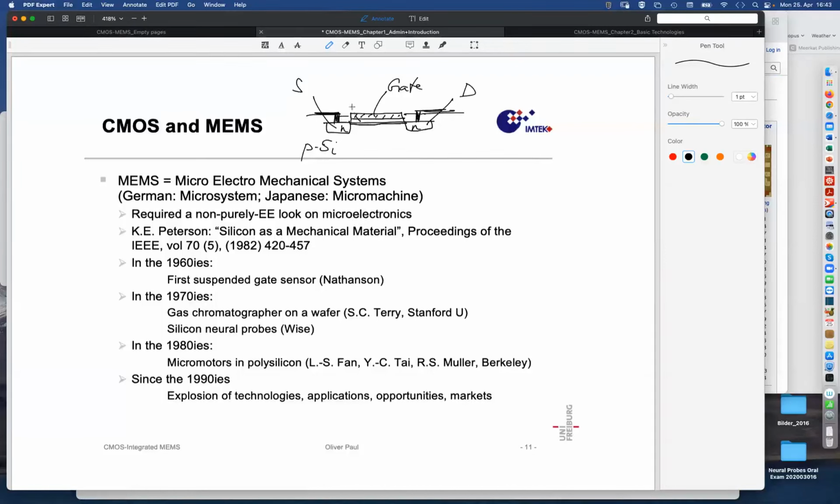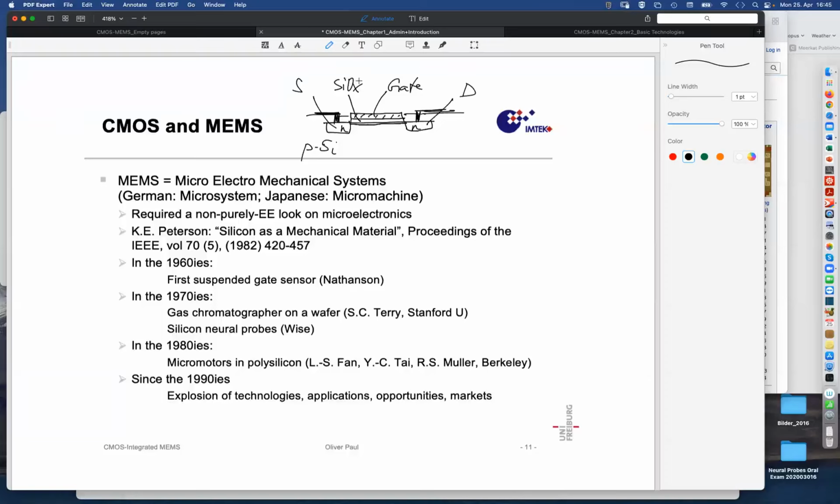So this little white layer here is silicon oxide in the early CMOS technologies. 100 angstroms of oxide. And then there comes this highly conductive gate material on top. And he said, if I made this gate suspended, and I give it a potential and it is allowed to move, maybe I can see this in a modulation of the current.